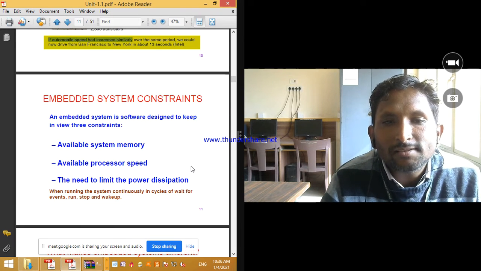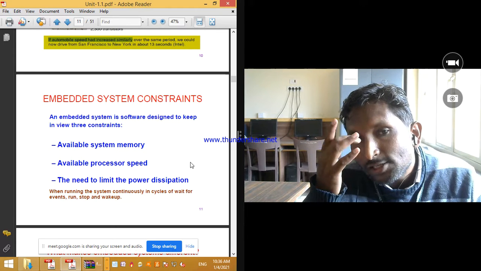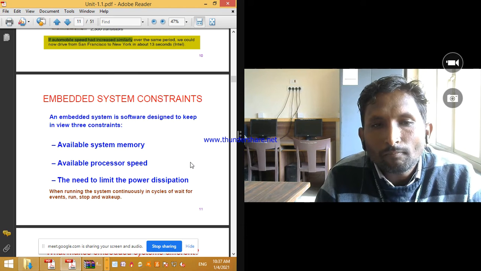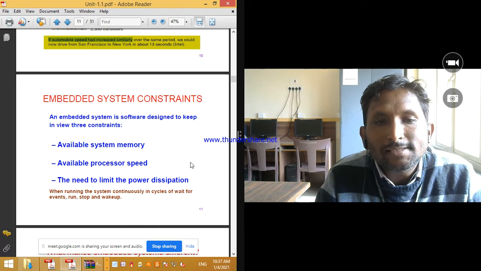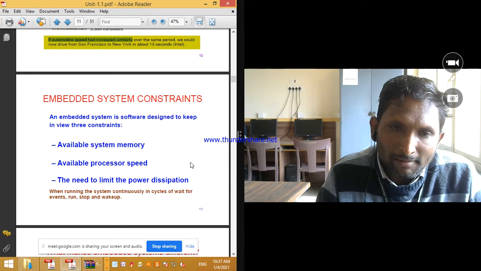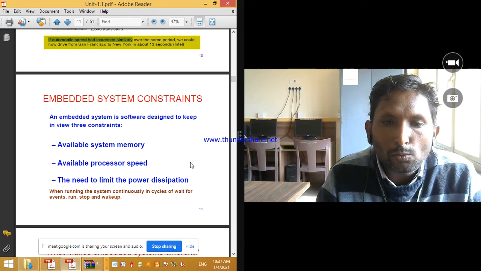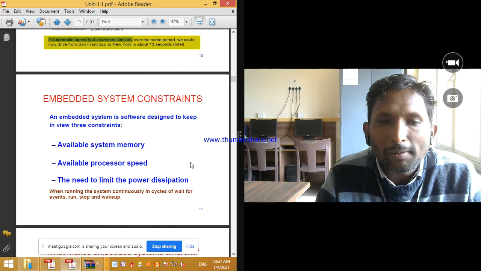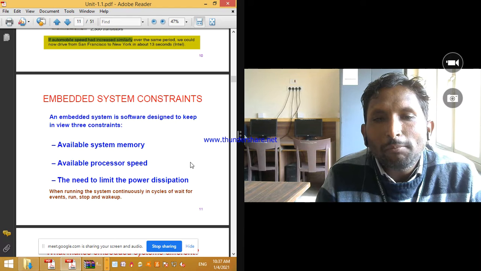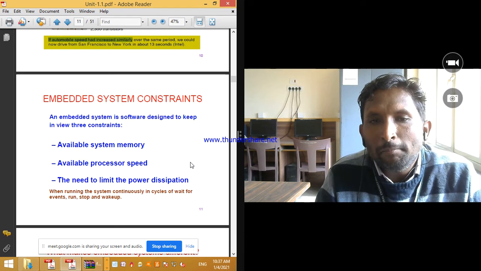Embedded system constraints. An embedded system is software designed to keep in view 3 constraints: available system memory, available processor speed, and the need to limit the power dissipation. These are the 3 things we have to keep in mind while developing an embedded system.